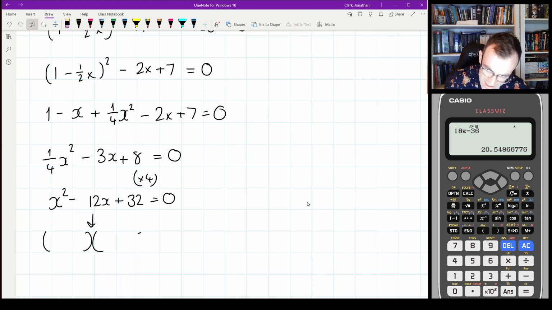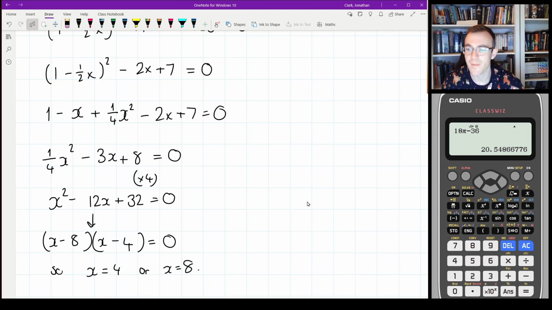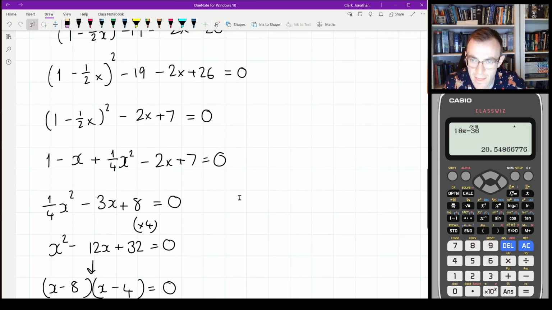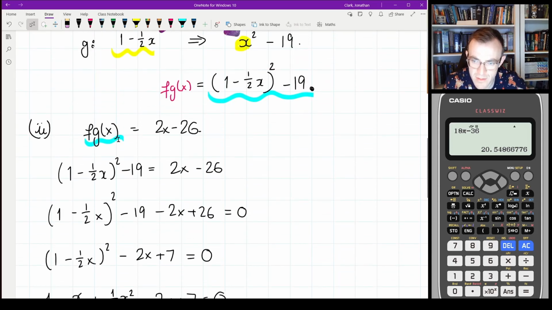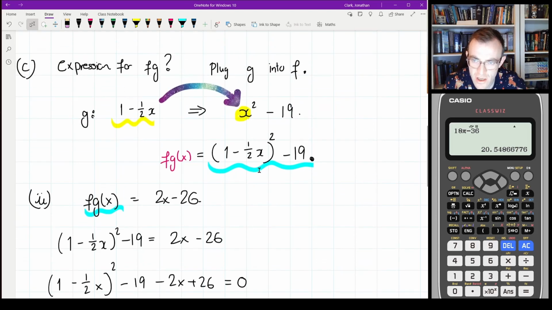There we go. Okay, and then I can solve this. I can factorize it. We're going to have 4 and 8. So either x is 4 or x is 8. However, there might be a catch here. There's 2 solutions, but I need to look into what numbers I'm allowed to put into fg.